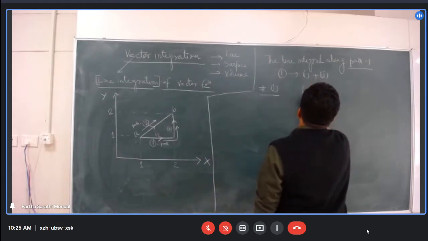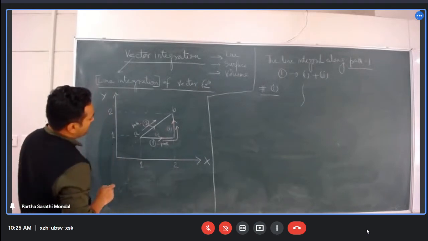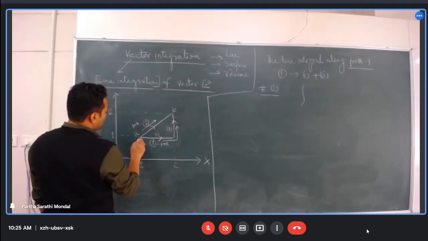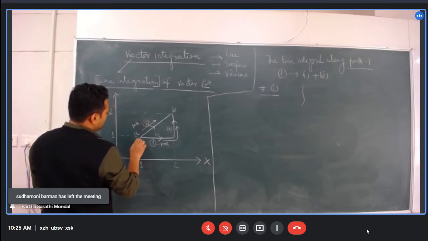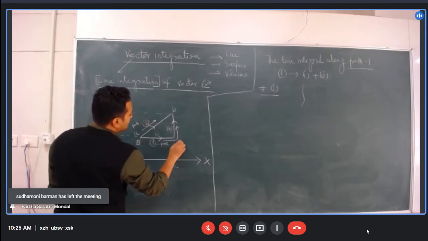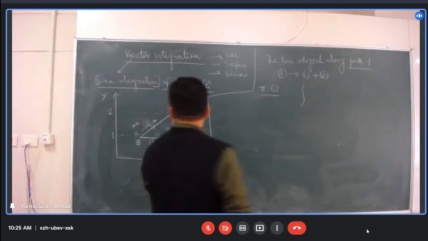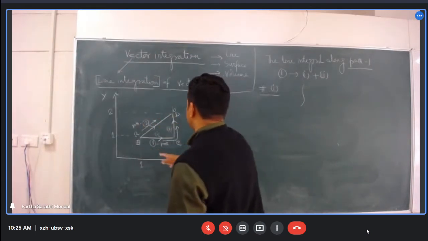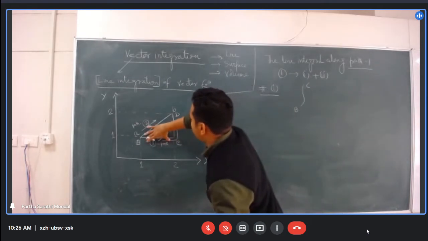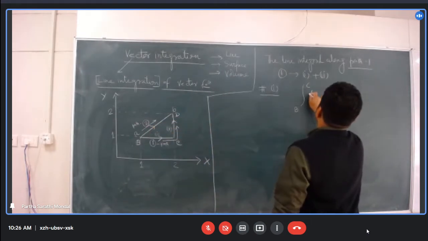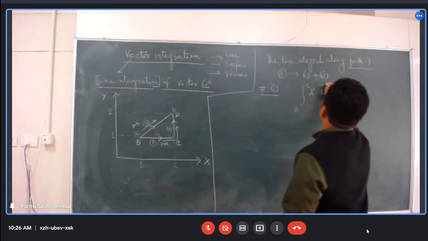Suppose this point is, let's say A, B, C, D, है कि नहीं? So that means we have to calculate B to C for this path only. So A dot dl, हम लोग को ये कैलकुलेट करना है.